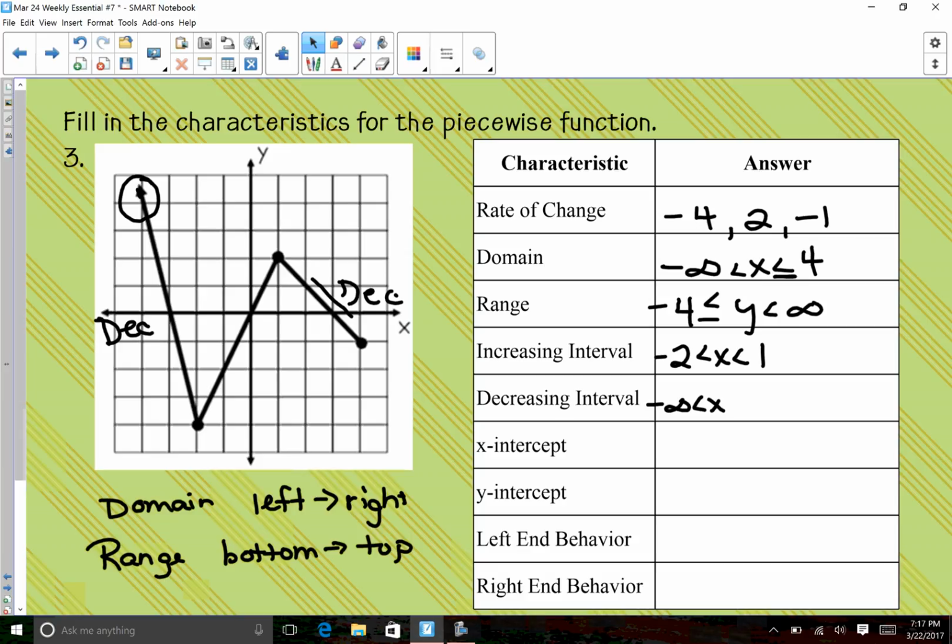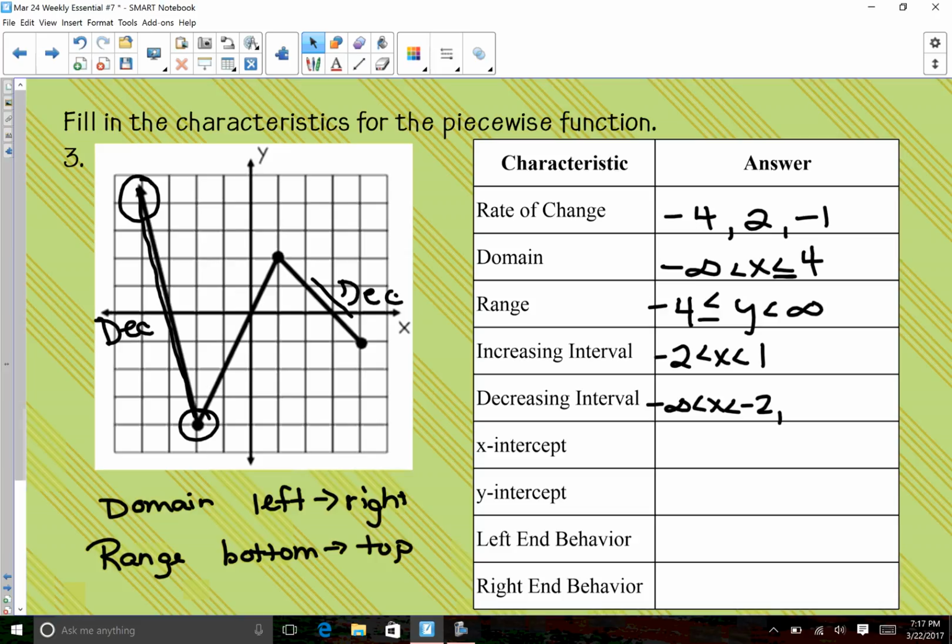Now, trace, I'm going down, down, down, down until I get here. And then I have to stop because at this point I change direction. What is the x at that point? Well, your x is -2. So there's one of my decreasing intervals.